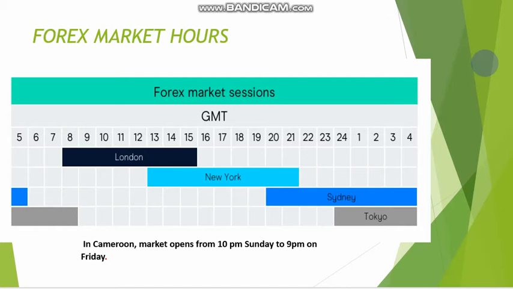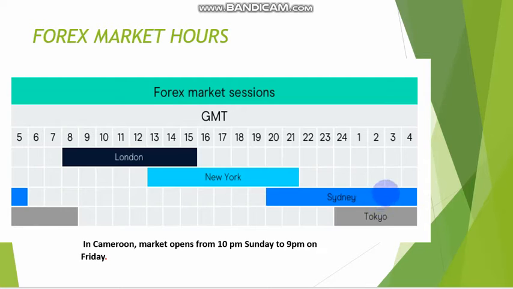Now we talk about the London session. We are talking about the currencies available here, the main currency in control. In London, the main currency is the British pound. I will call it GBP; that is the standard currency code. For New York, it's America, so the main currency is the USD.